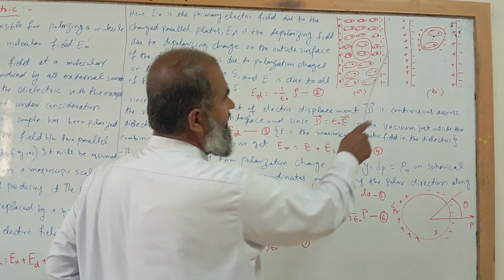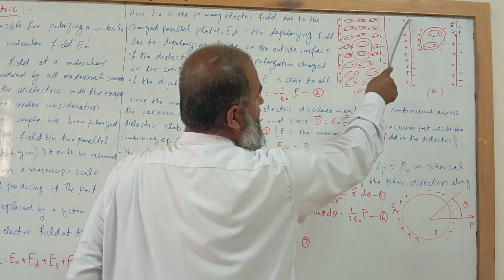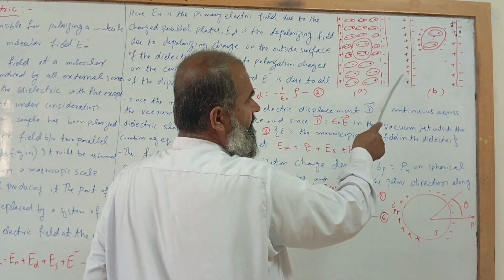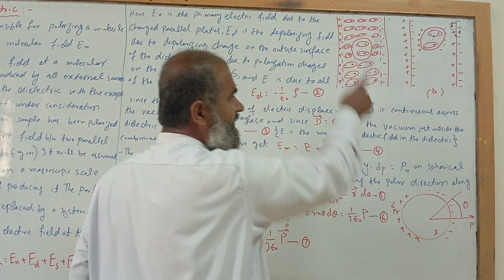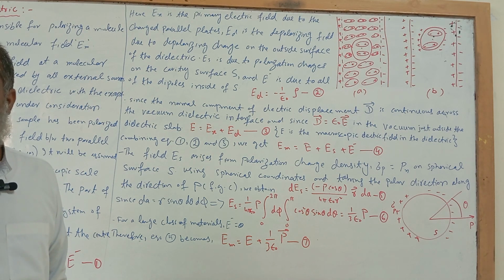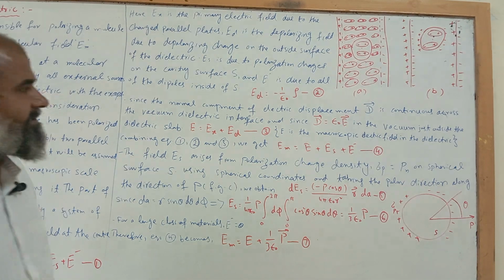Look here. This is the dielectric medium. This is the outside of the dielectric medium. And this is the vacuum. And this interface is the vacuum dielectric interface. And the electric displacement is continuous at these points.